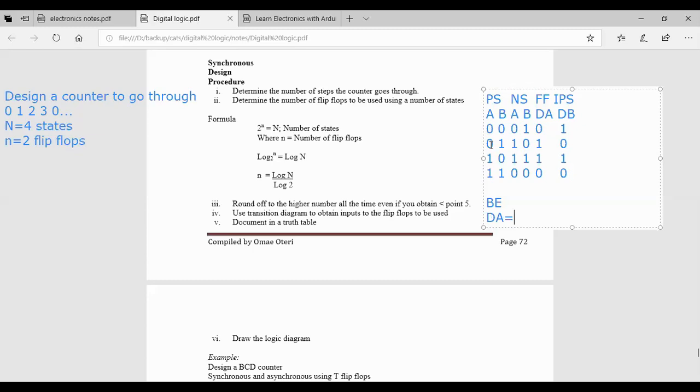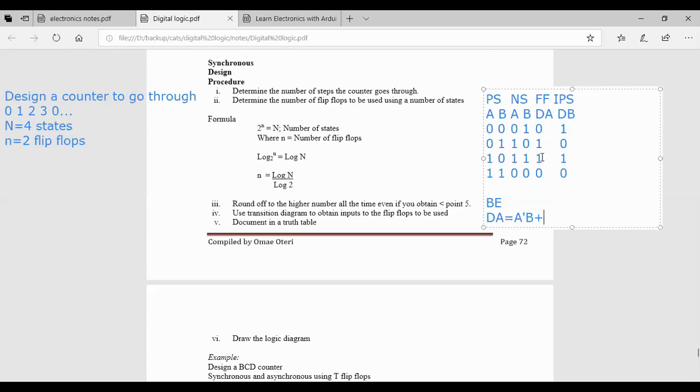If it's 0, what do you do with A? You invert it. What's B? 1. So what do you do? It's B, just B. We don't invert it.